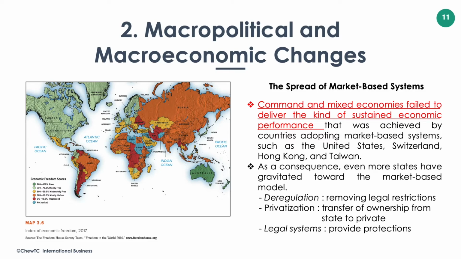Second, there has been a move away from centrally planned and mixed economies and toward a more free economic model. Paralleling the spread of democracy since the 1980s has been the transformation from centrally planned command economies to market-based economies.